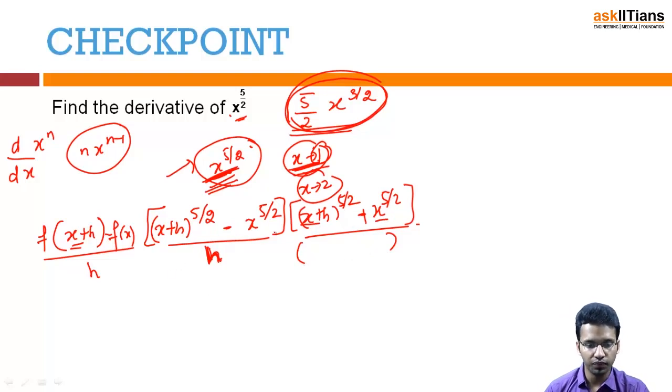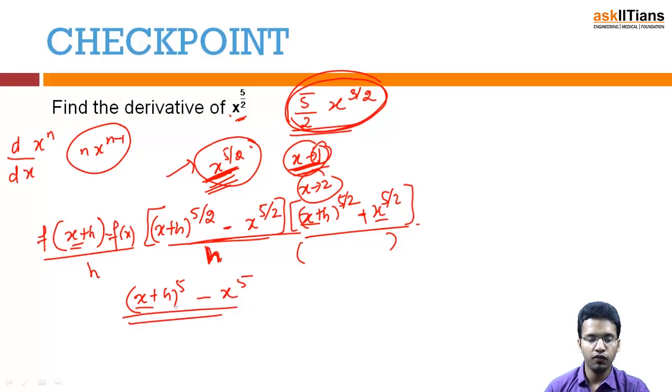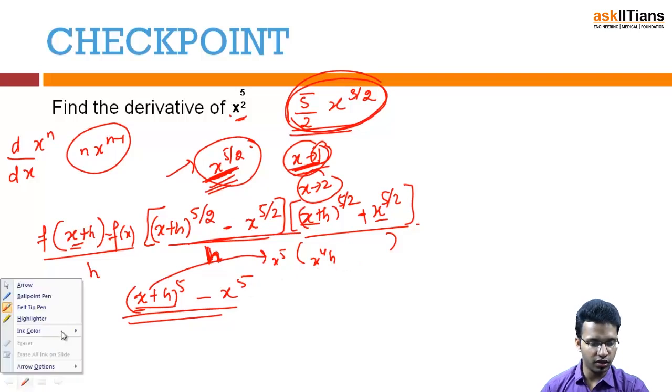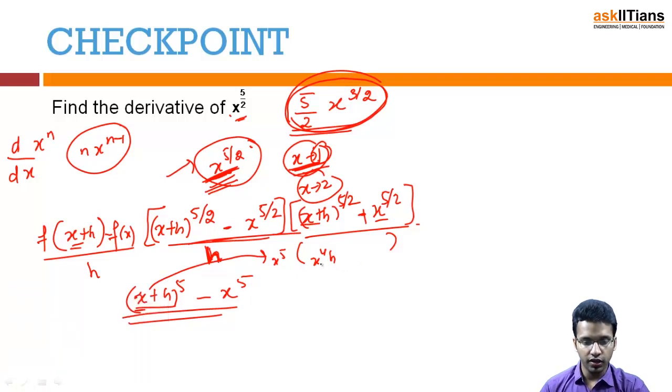Now once we do rationalization, what will happen here? x plus h raised to power 5 minus x raised to power 5. If you expand this using binomial, the first term will be x raised to power 5, the next will have x raised to power 4 h, again with the coefficients, then x cube h square, going till h raised to power 5.